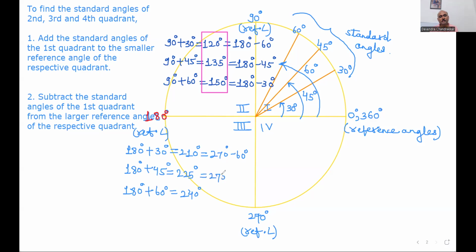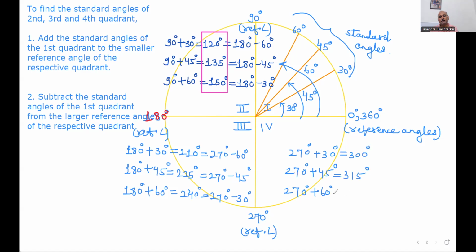This is 270 minus 45. This is 270 minus 30. ठीक है? This is the last one. It's 270 minus, sorry, plus 30. 270 plus 45. 270 plus 60. This is 300. This is 315. This is 330 degrees.